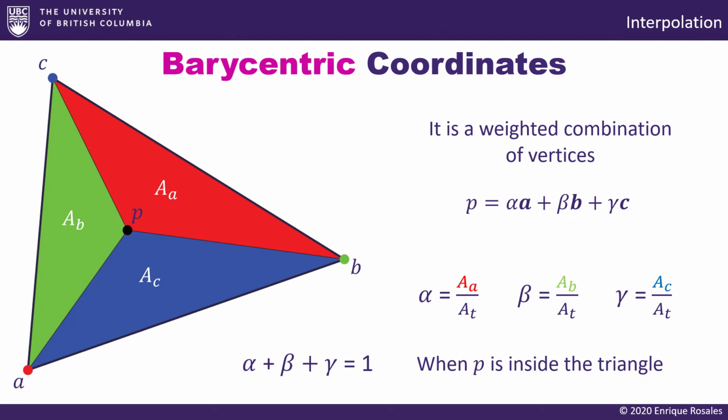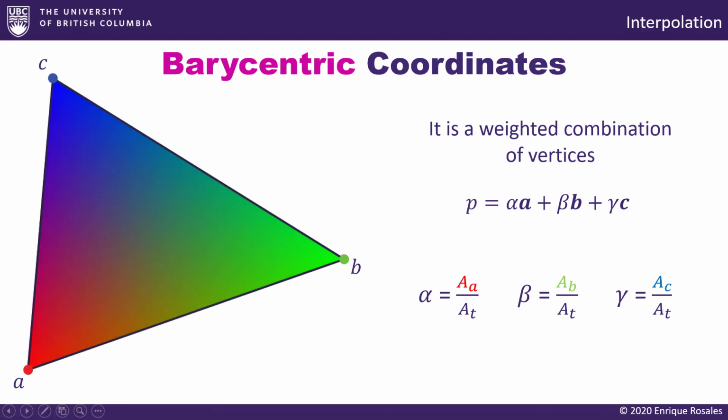Okay, so this is basically how you compute the barycentric coordinates, and if you do that for all the pixels, right? So if you interpolate the color using barycentric coordinates for all the pixels that are basically inside this triangle, you will end up with something like this, right? And people were saying, oh, this is the video game triangle. Yeah, this is obviously when you start to learn about video games, this is something that you sometimes see, right?